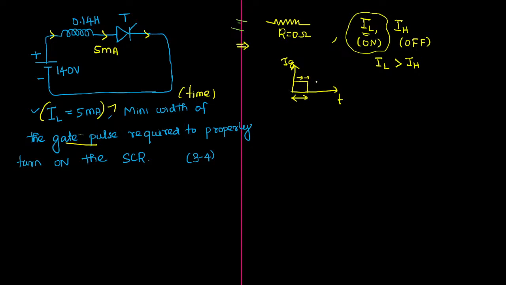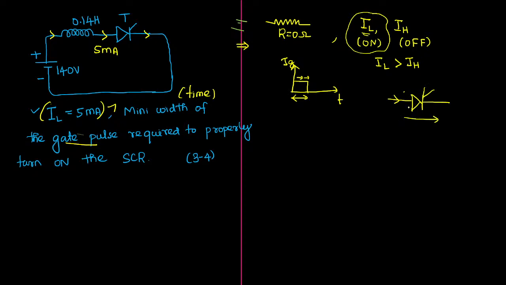Basically, this gate current we won't apply continuously to the SCR in order to avoid the power loss. If we are continuously injecting the gate current to the SCR during the on state, there is a chance of facing thermal runaway. You know, in SCR, if you observe, we are having three terminals. We will be injecting the current from anode to cathode.